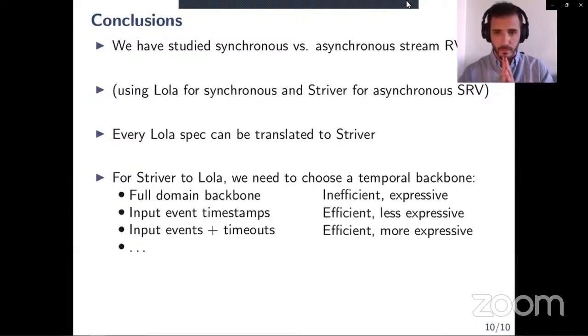And we show that the choice of the full domain is always covering, because you cannot leave anything out, but it's much more inefficient than being a bit smarter and choosing a backbone that contains many less void instances.